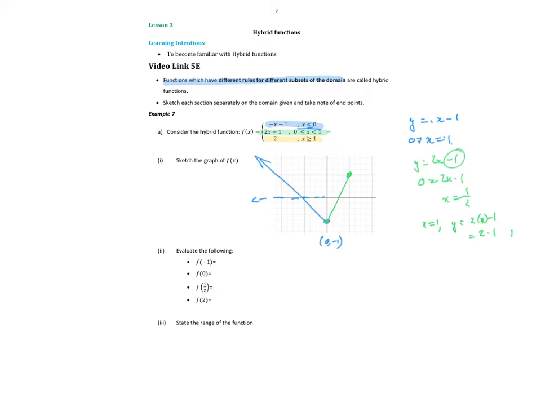Let's have a look at the yellow section now. The yellow section says y is equal to 2, which is probably up here. We'll call that the point 2, where x is greater than or equal to 1. So a couple of things we need to tidy up.